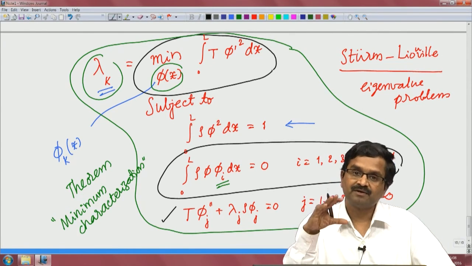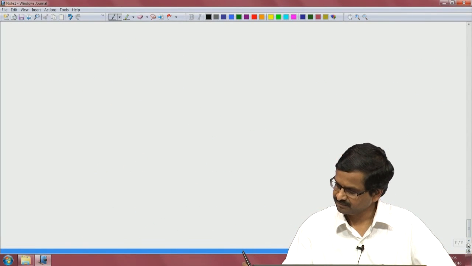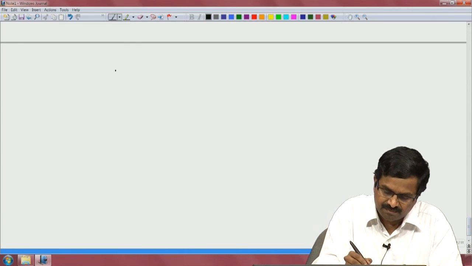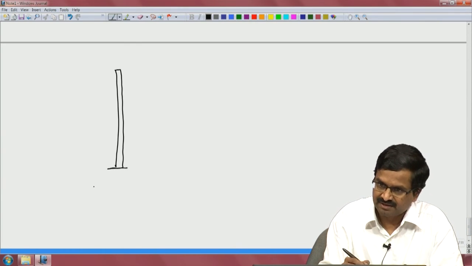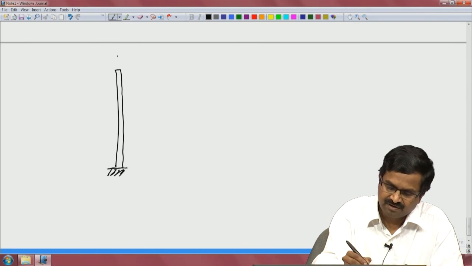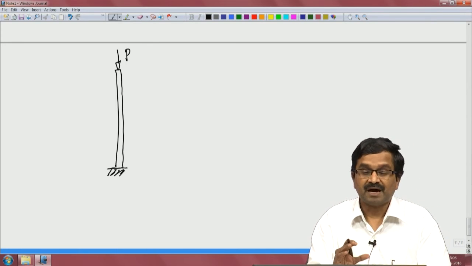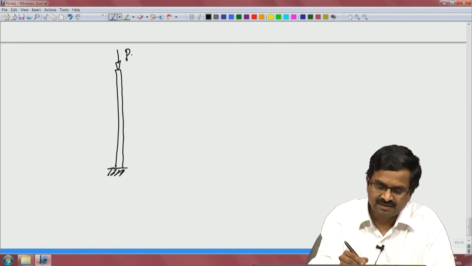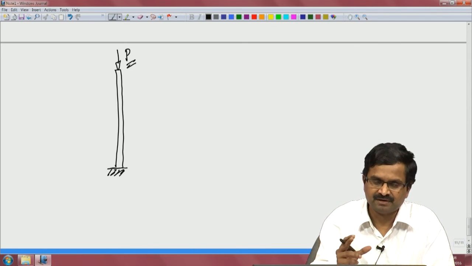Buckling is also an eigenvalue problem, because when you take, let us say, a beam or a column as we call it, and apply a compressive load, this column will become unstable beyond a certain value of this compressive load. We all have the familiar things.